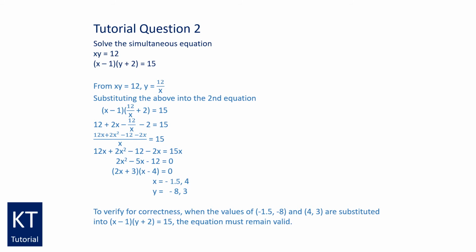By replacing the y with 12 over x in the second equation, we could then expand its left-hand side and work towards factorizing it to identify the values of x, which should be -1.5 and 4.